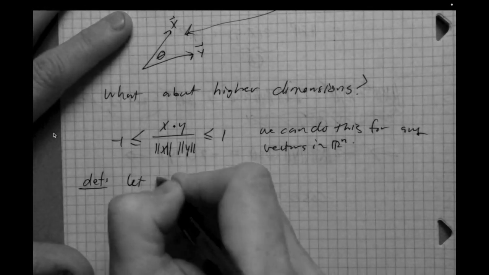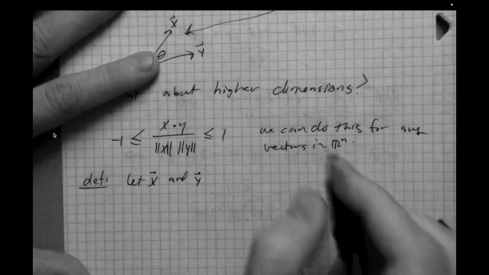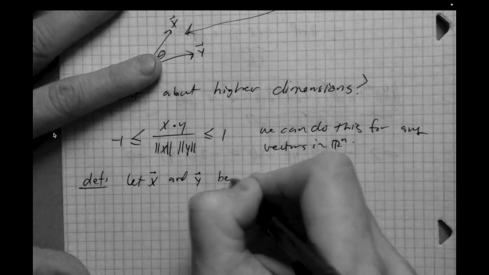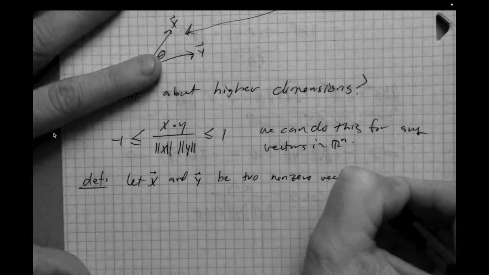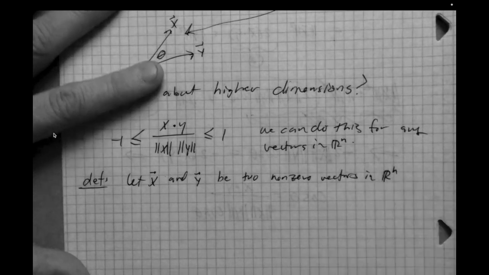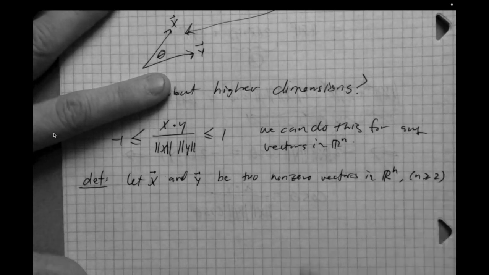Okay, so let x and y be two non-zero vectors in Rn. Specifically, n greater than or equal to 2, we'll say.